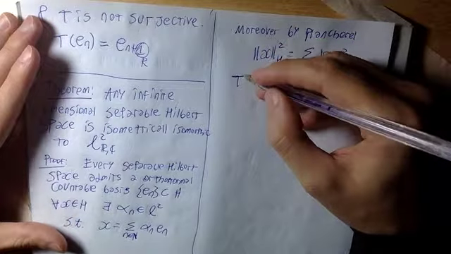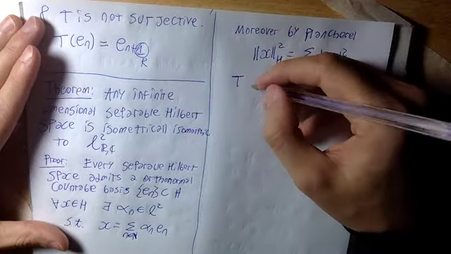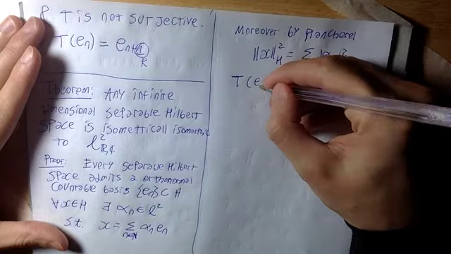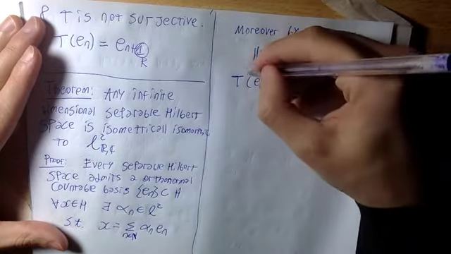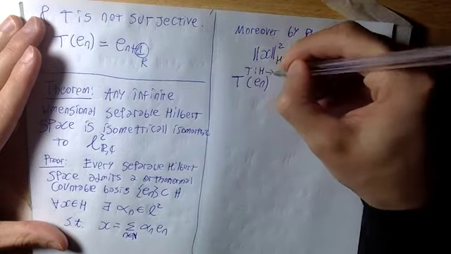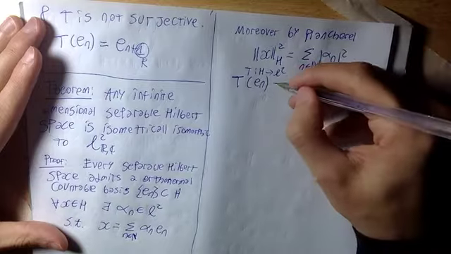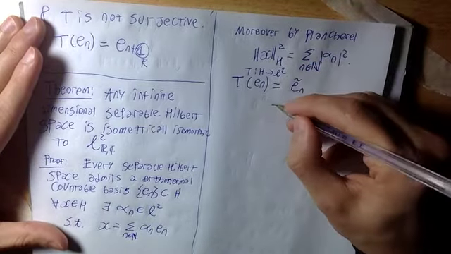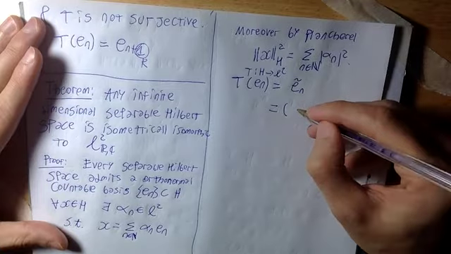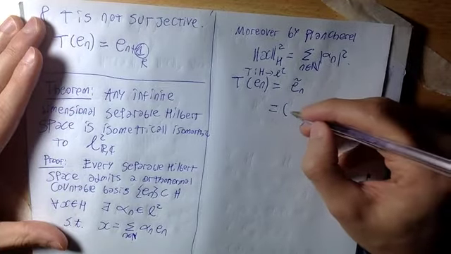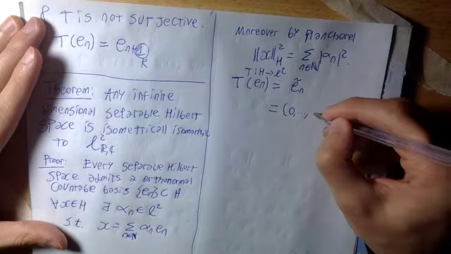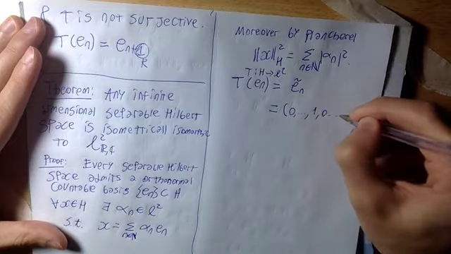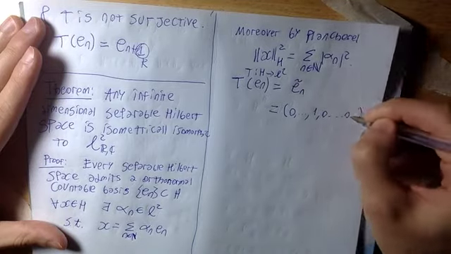So T of En, okay, so T is going from H to little L2. T of En is going to be equal to, let's call it E tilde N in this case, which is going to be 0 and zeros after that.